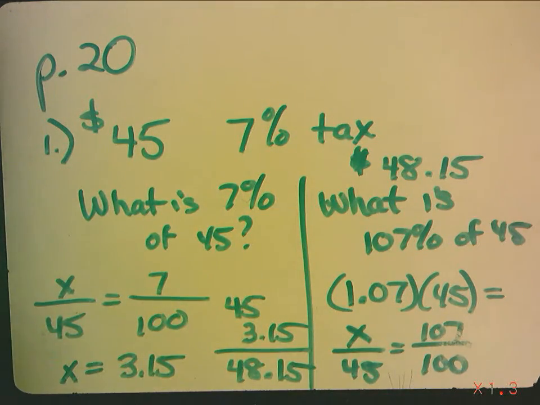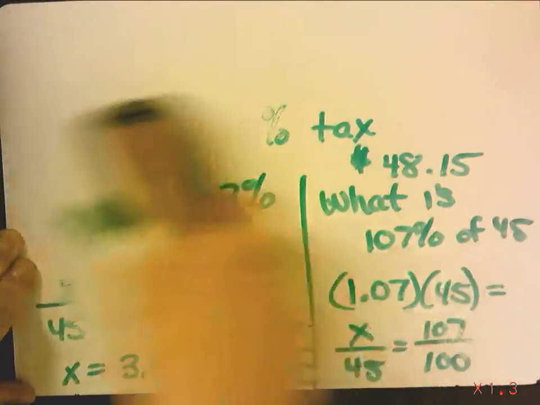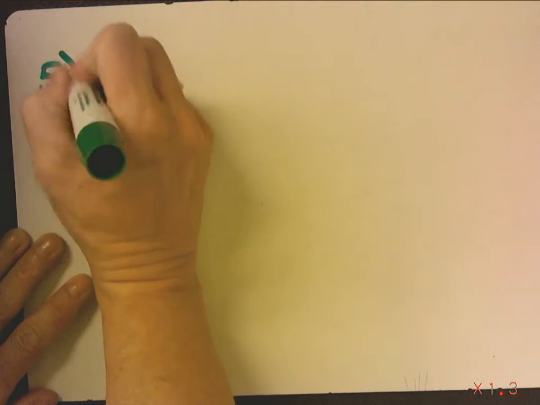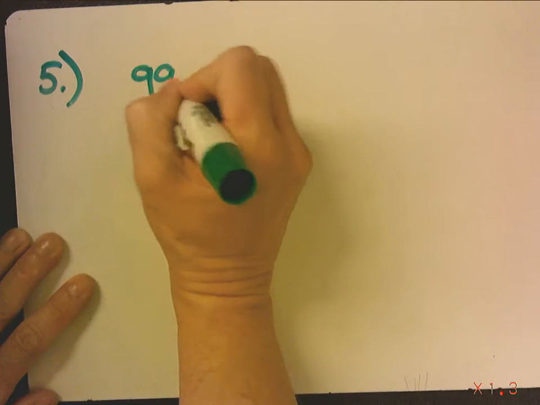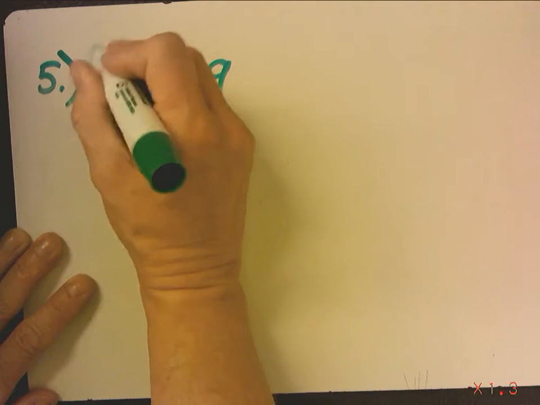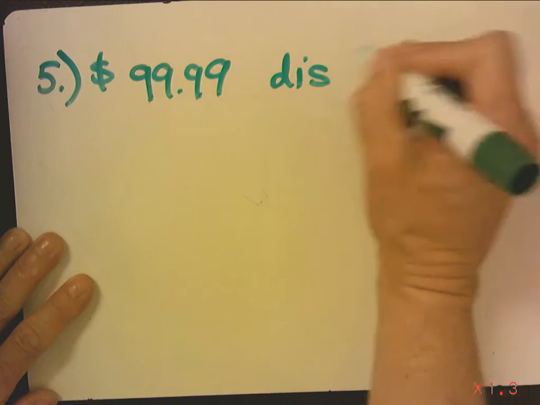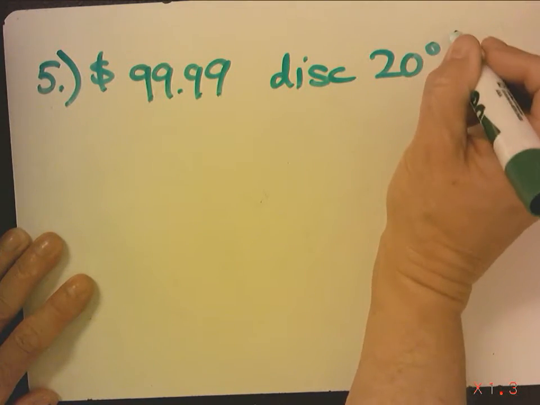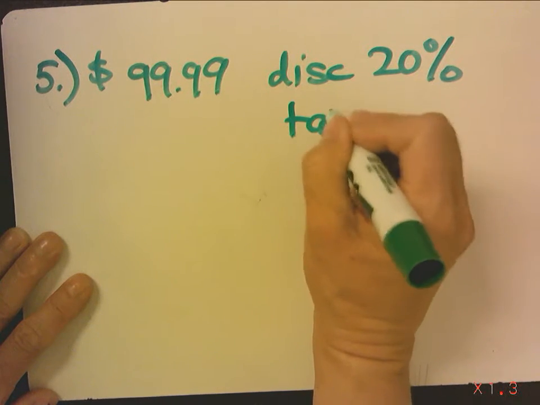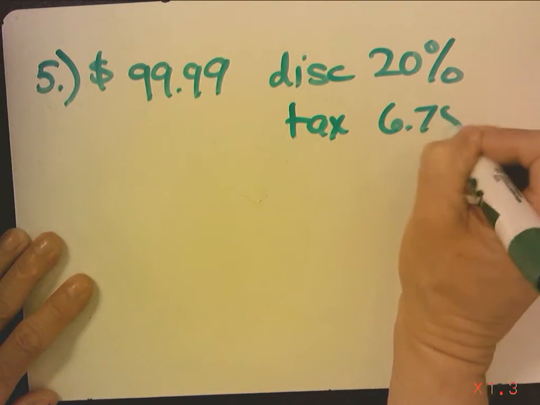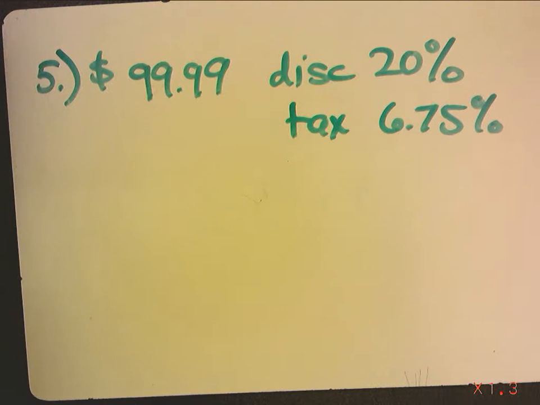Now, let's look at number 5, because number 5 has you do discount and sales tax. So number 5, the skates are $99.99. The discount is 20%, and the tax is 6.75%. Okay?